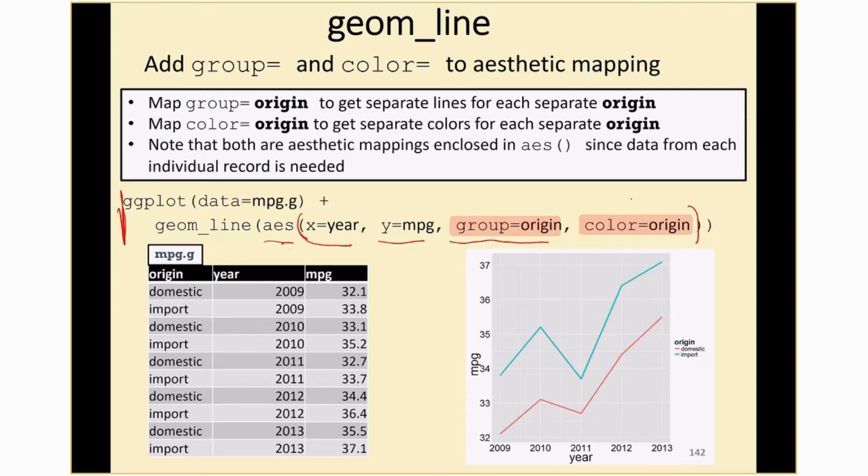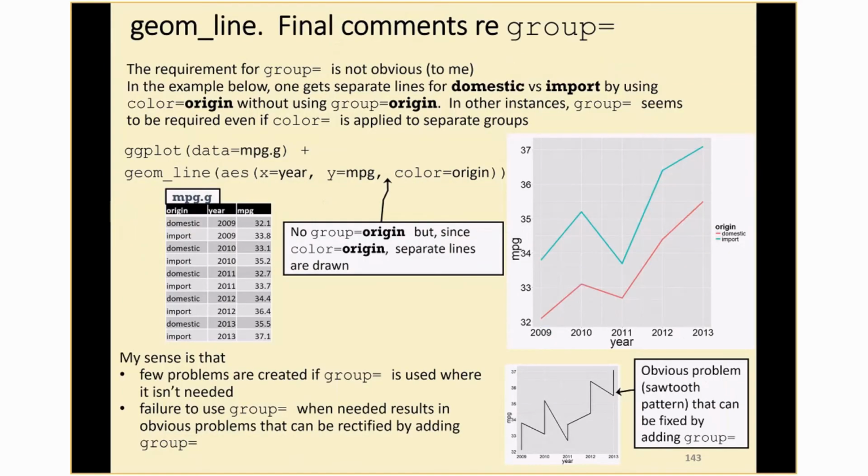But now I've added an additional mapping. I've mapped the aesthetic color onto the variable origin. So every record is evaluated, and the value of the origin is going to determine the color. So now I've got two colored lines, different colored lines, for the two different origins, and a nice little legend that tells me which is which.